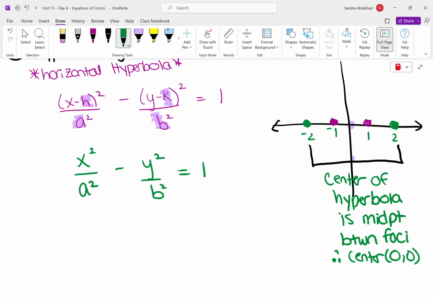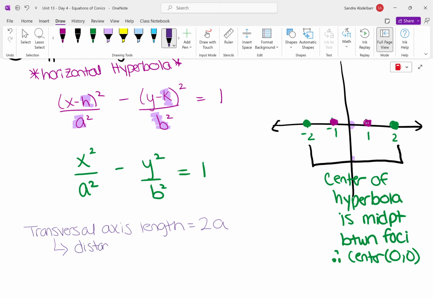Now, if you guys remember the transverse axis length is represented by 2a, and this is the distance between vertices.